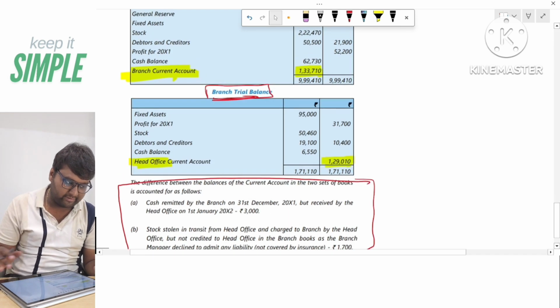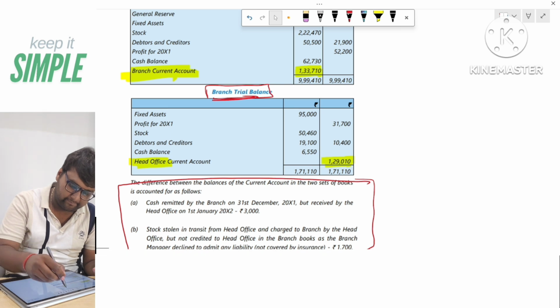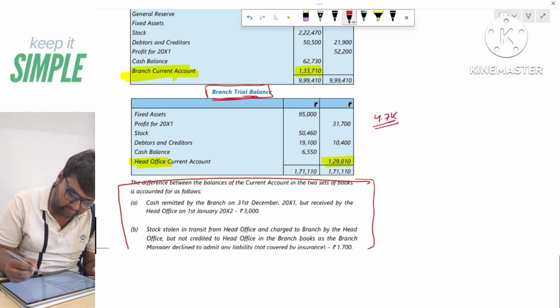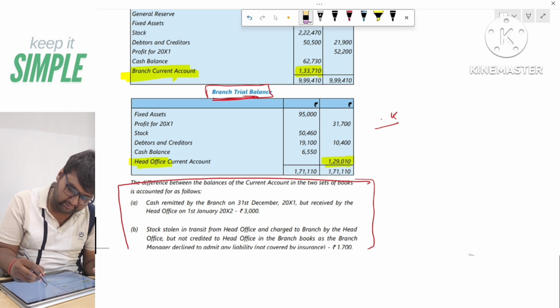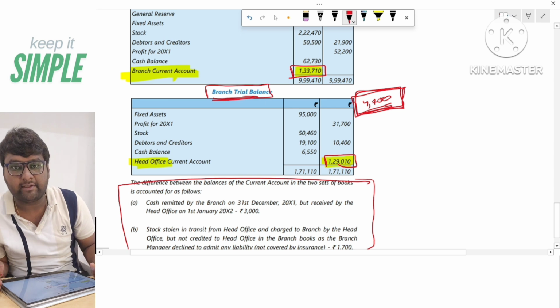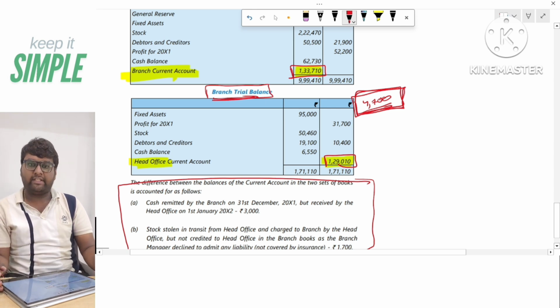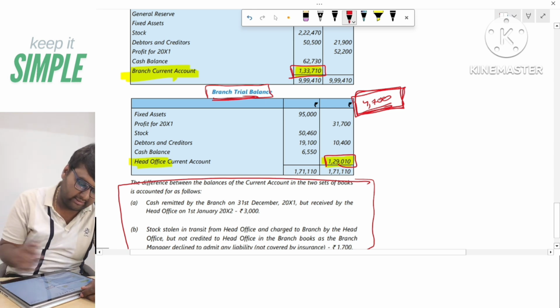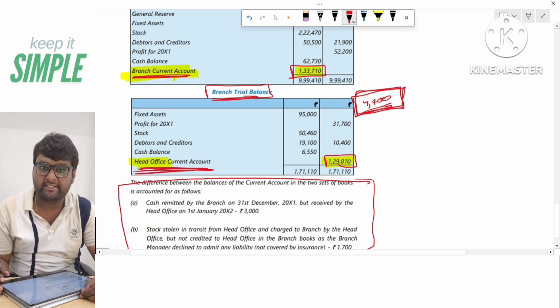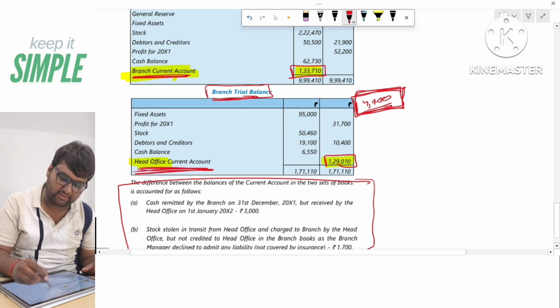So what's the difference between these two? The difference stands at 4,700. So first we have to reconcile this, then we can move to our second step. Our very first step is to reconcile the branch balance and head office balance. We'll see the adjustments for the 4,700.